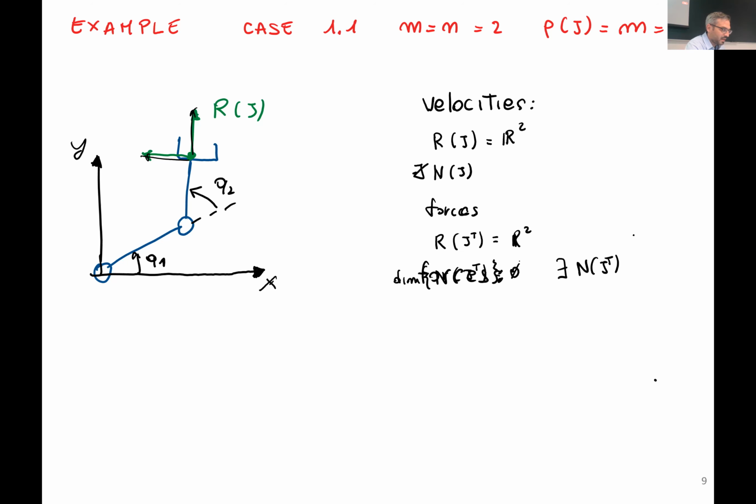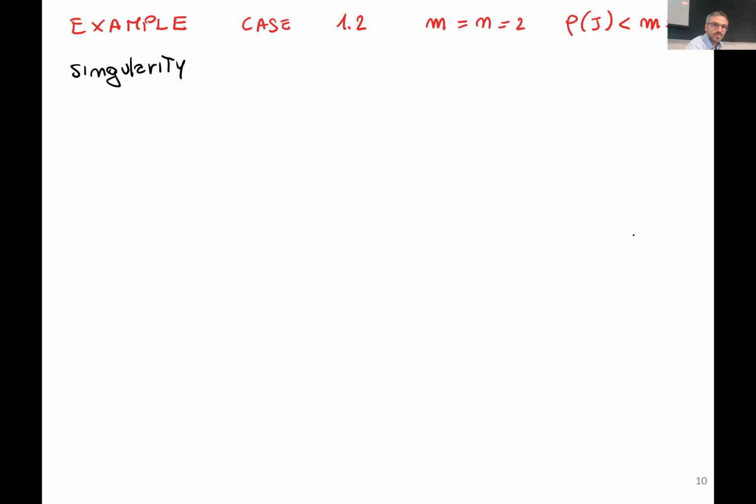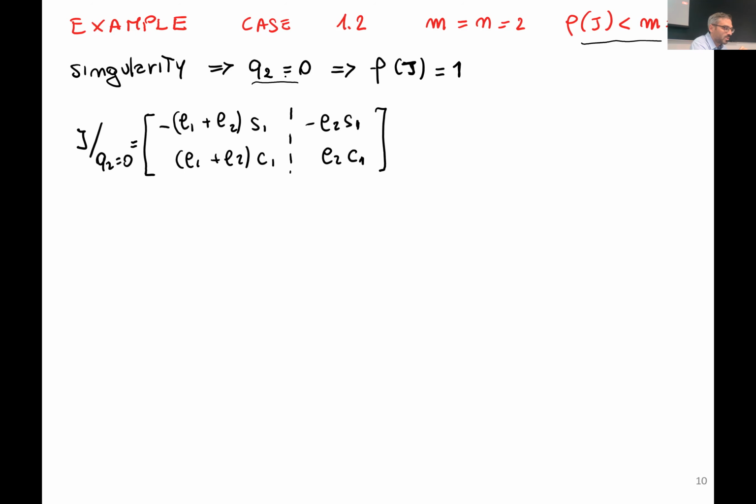Then let's compute this in the case of a singularity, where we have m equal to n, again the square case, but this time we have a rank lower than m or n, the size of the matrix. For a planar robot, we have a singularity at q2 equal to 0, and we evaluate the Jacobian at that configuration.